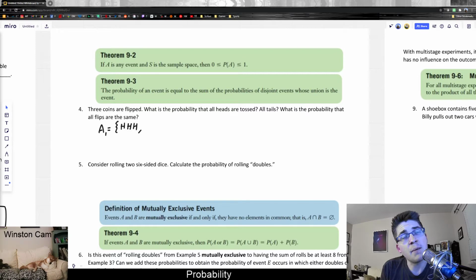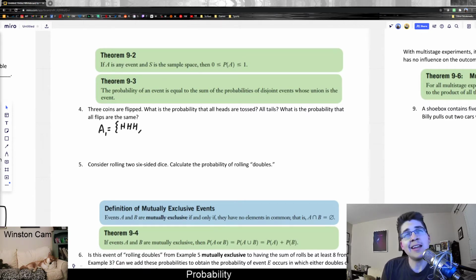You could start off by making a tree diagram, or we could use the fundamental counting principle. Since each coin flip is 2 outcomes and there are 3 flips, it'd be 2 times 2 times 2, or 2 to the 3rd power for the total number of elements in my sample set. So there should be 8 potential outcomes here.